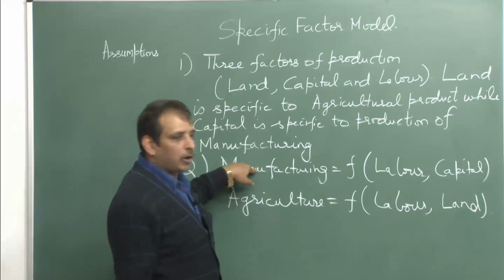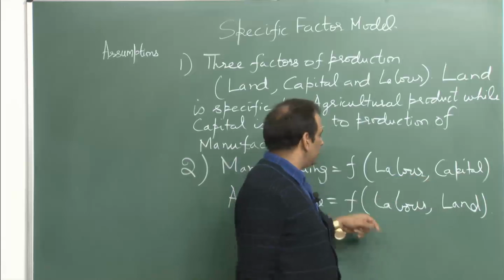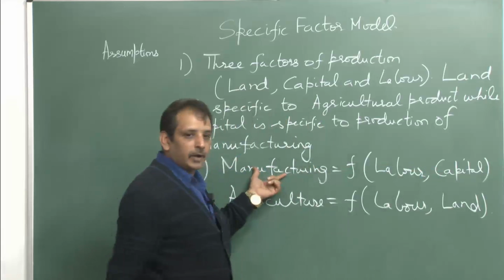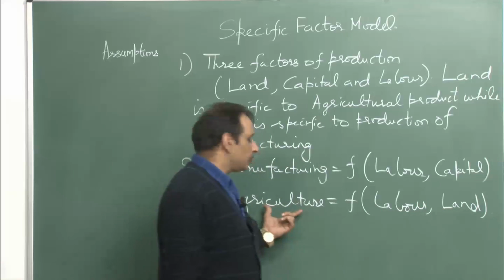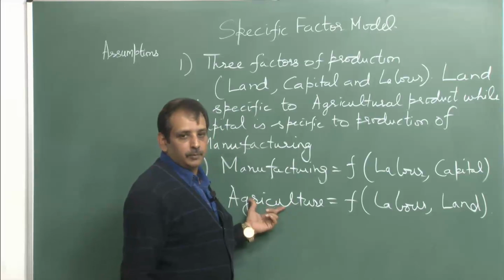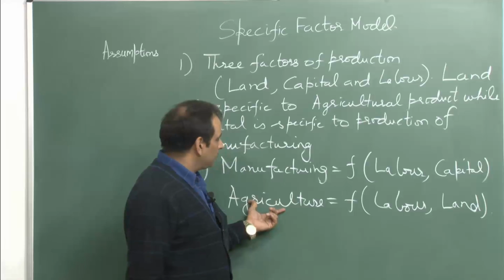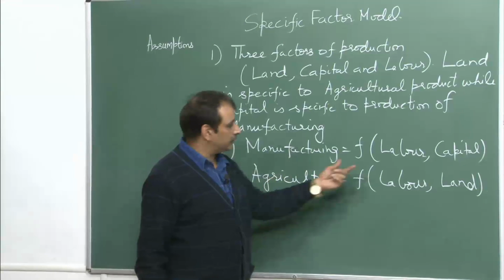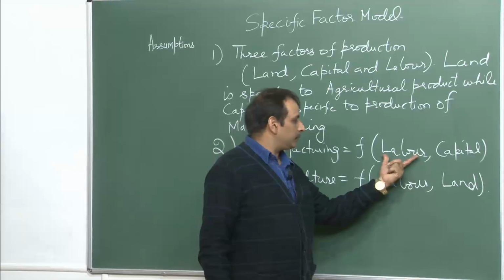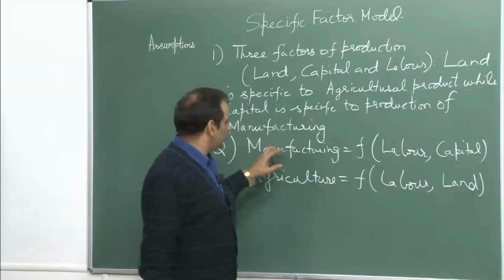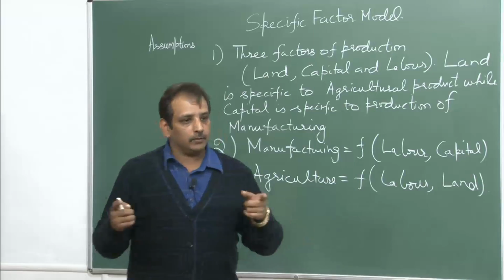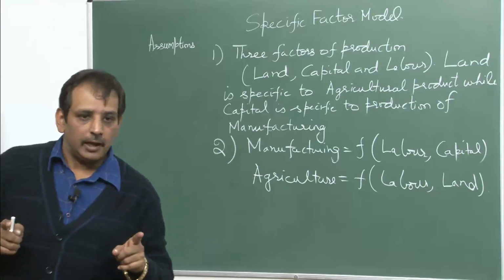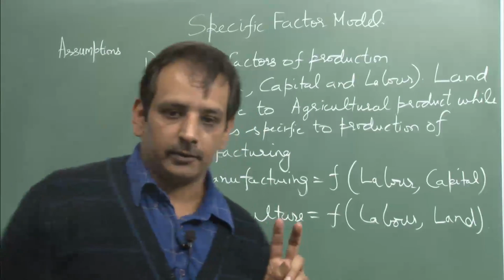Although the manufacturing product uses both labor and capital, capital is specific to manufacturing and land is specific to the agricultural product. What is mobile is labor, which is used for manufacturing as well as agriculture. So there is one mobile factor and two immobile factors.